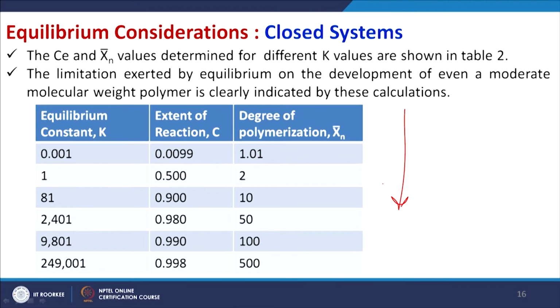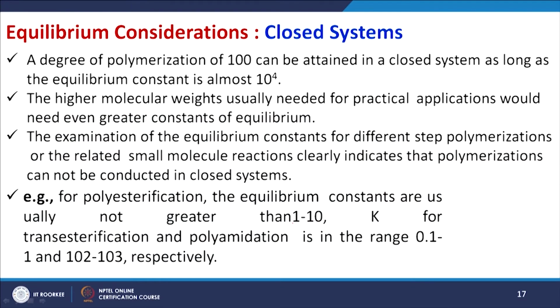The limitation exerted by the equilibrium on the development of even a moderate molecular weight is indicated by this one. Here you see that we have represented the equilibrium constant and the extent of reaction. The extent of reaction is again very vital, because it tells you the efficacy of your polymerization reaction. In view of this, this determination is extremely important, and then we have listed the degree of polymerization.